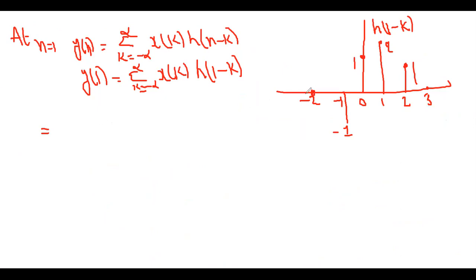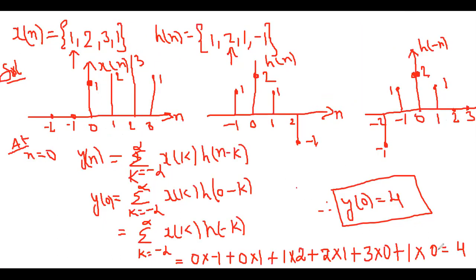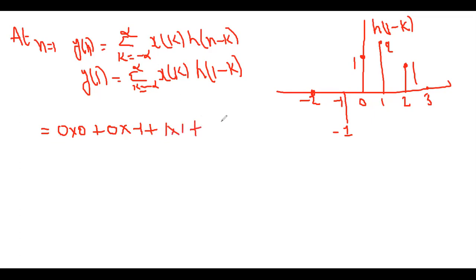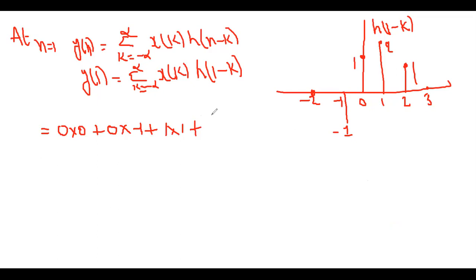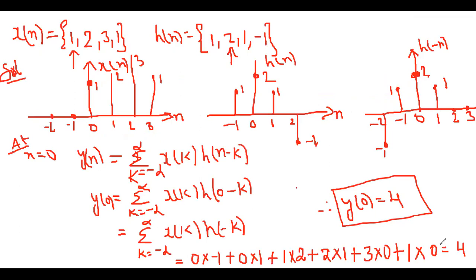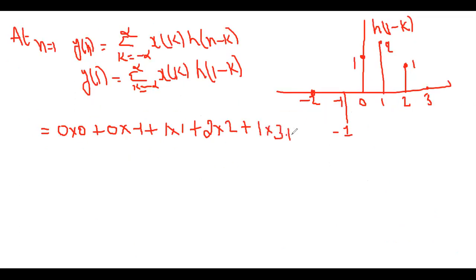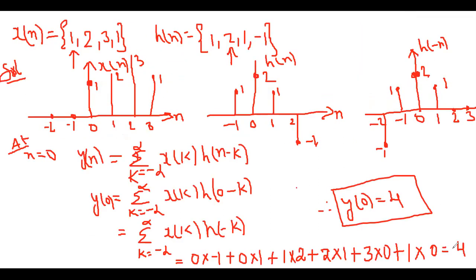So y of n is equal to, at minus 2, 0 into 0 plus, at minus 1, x is 0 and h is now minus 1, plus, and at 0 the x value is 1 and h is 1, so 1 into 1, plus, at 1 the x value is 2 and here it is 2, so 2 into 2, plus at 2 the value is 1 and here at 2 the value is 3, so 1 into 3, plus, and at 3 here 0, here it is 1, so 1 into 0.